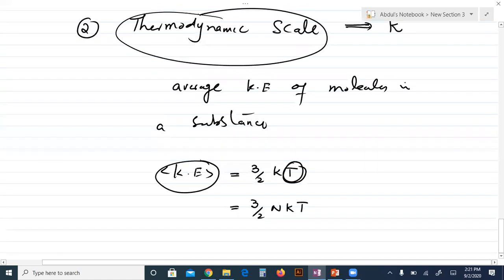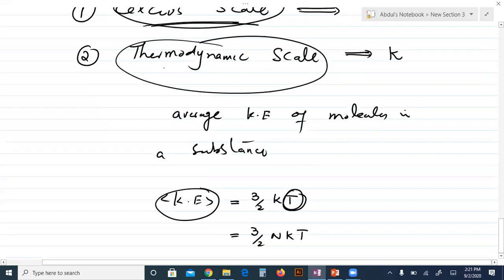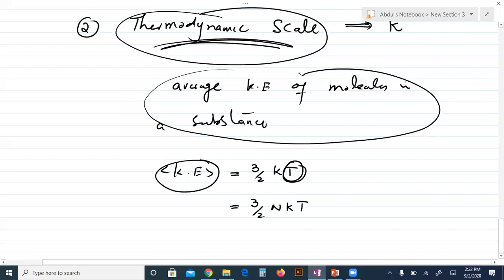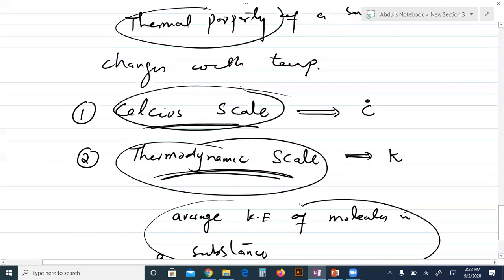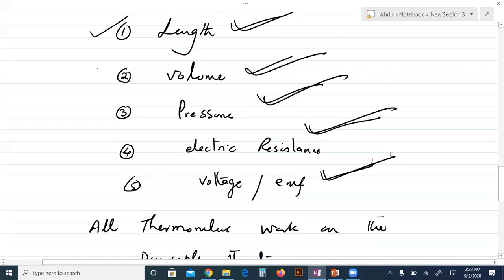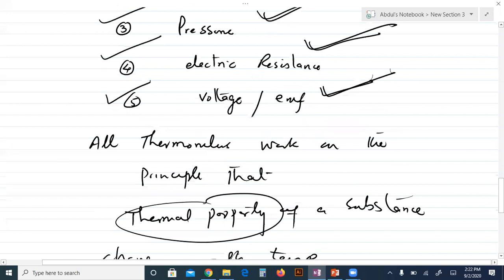So this Kelvin scale, mean the thermodynamic scale measured in Kelvin, is depending on the average kinetic energy of the molecule in the substance, but the Celsius scale depending on these thermal properties, length, volume, pressure, electric resistance, and this.